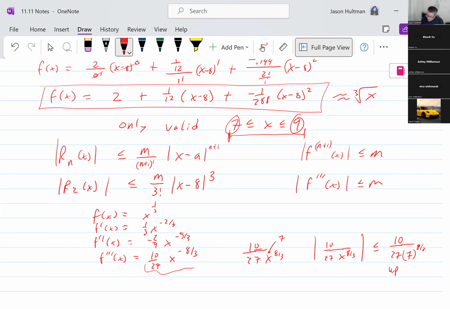Because everything on that interval, on what interval? This interval here, on that interval is going to be a smaller value than this upper bound for the third derivative. Okay, that's my upper bound.